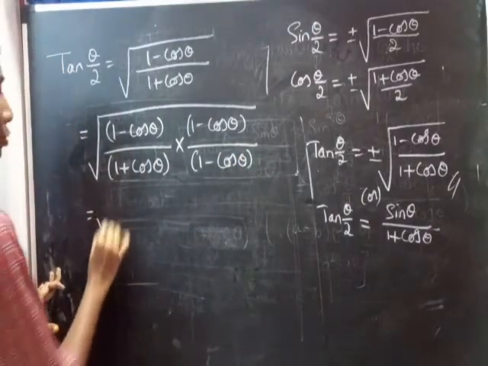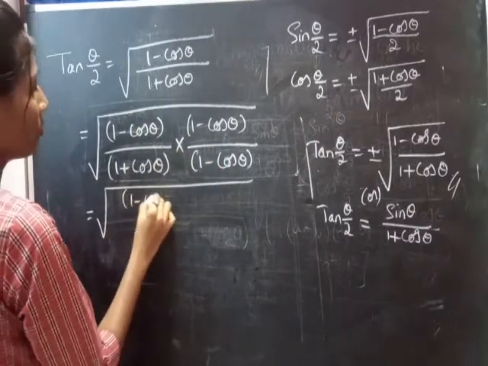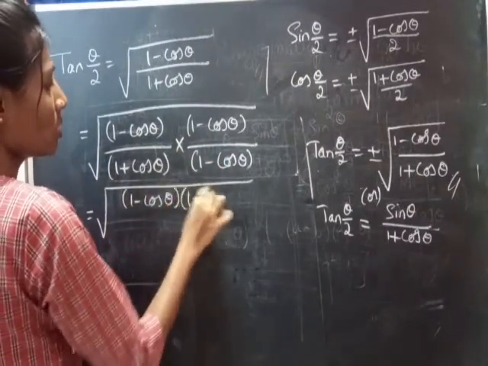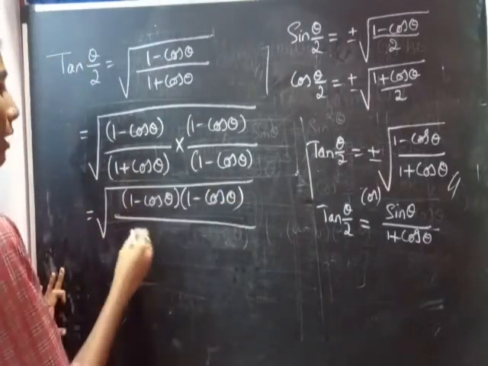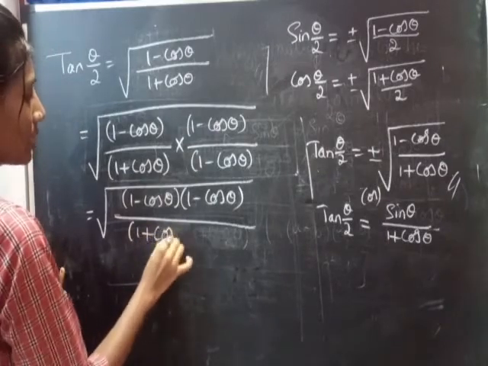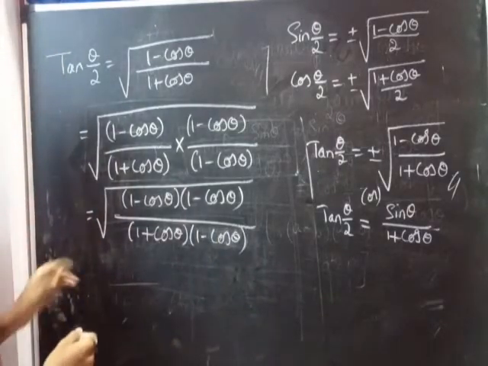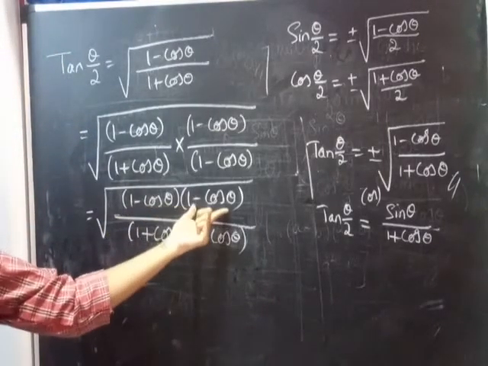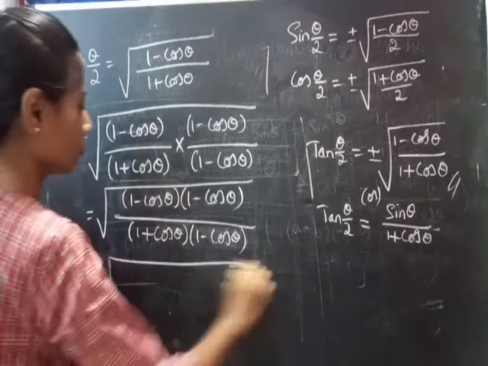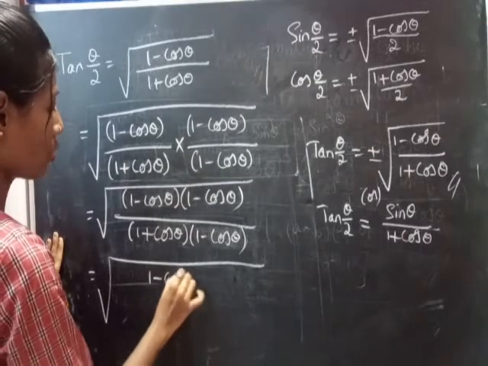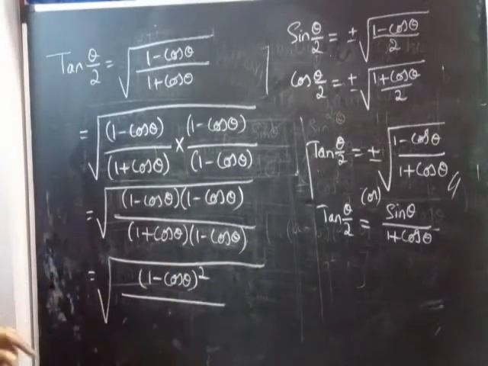So this equals root over (1 minus cos theta) into (1 minus cos theta) by (1 plus cos theta) into (1 minus cos theta). (1 minus cos theta) into (1 minus cos theta) can be written as (1 minus cos theta) whole square, by (a plus b) into (a minus b).